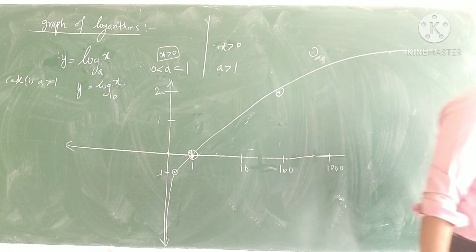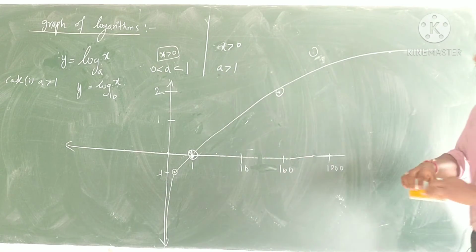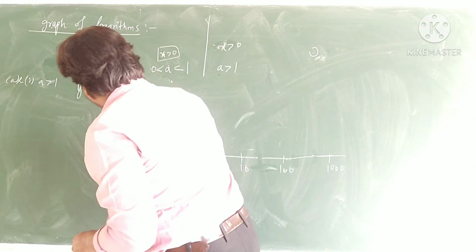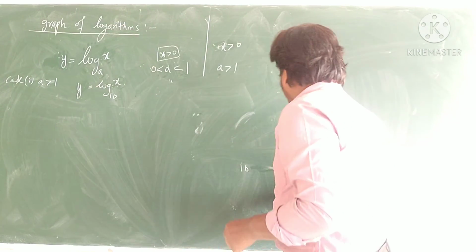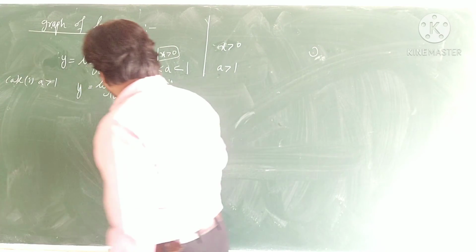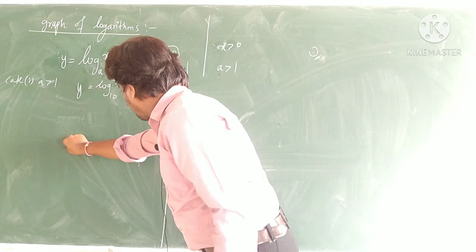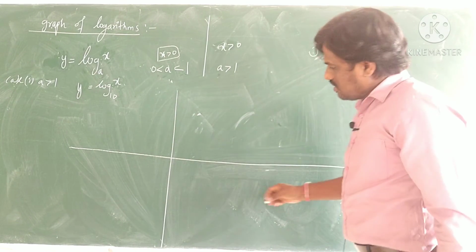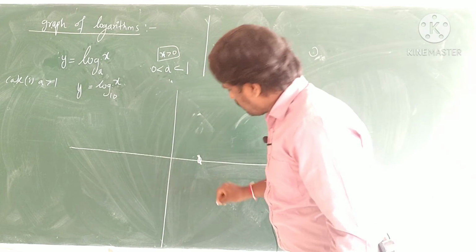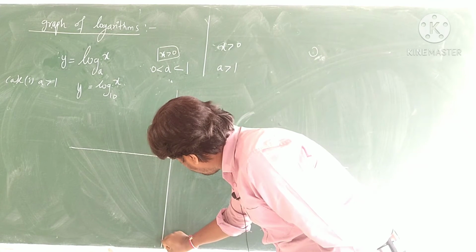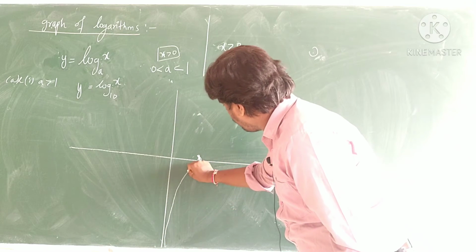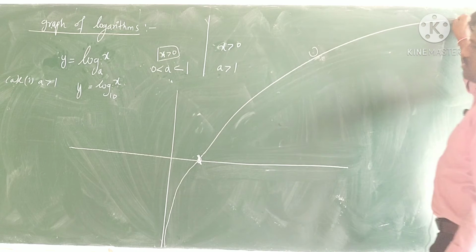So if I draw the graph of this log, there are 2 cases. I took case 1, where the base is greater than 1. If I draw the exact graph, it touches the x-axis at 1. From infinity it starts, and it grows slowly like this, and slowly it goes.